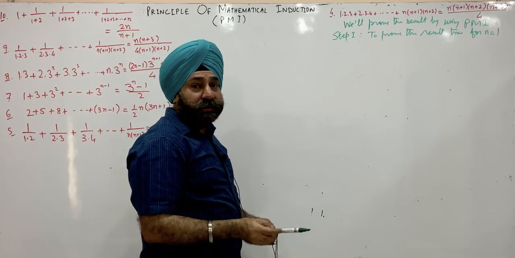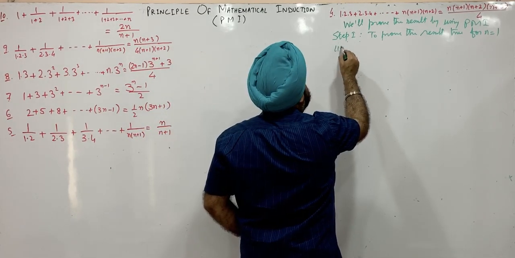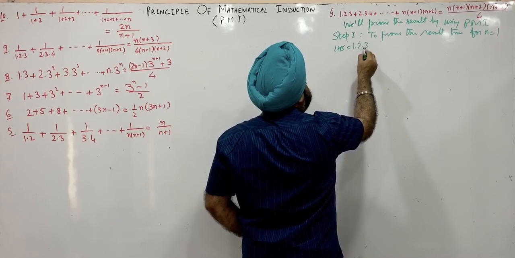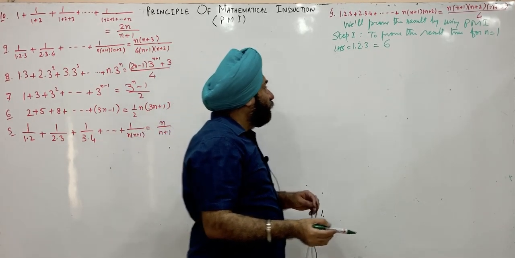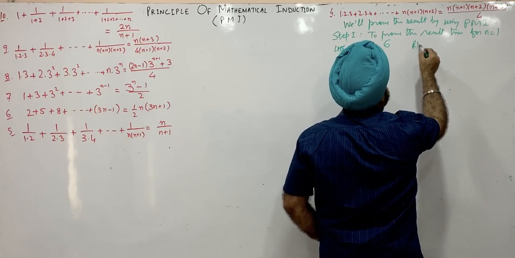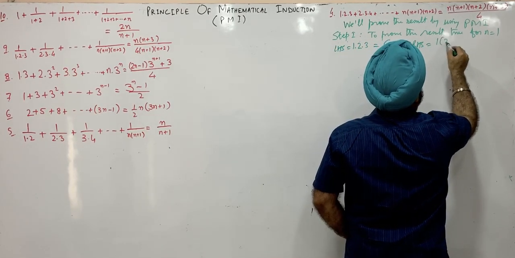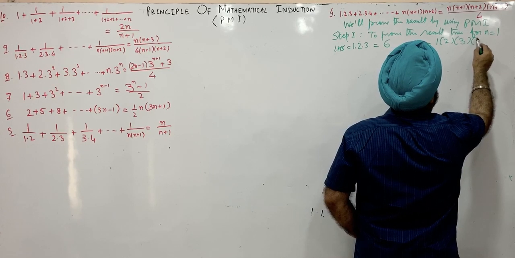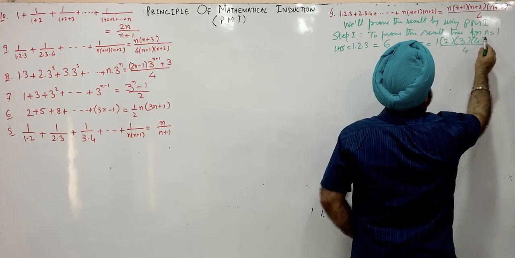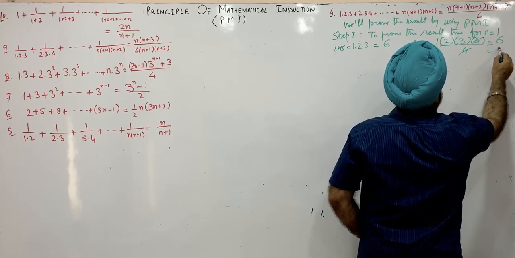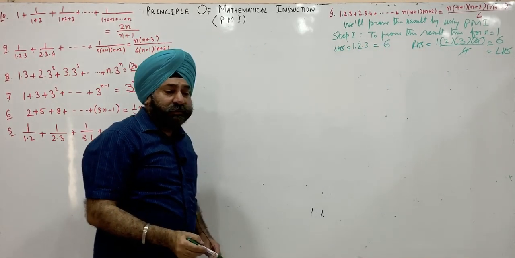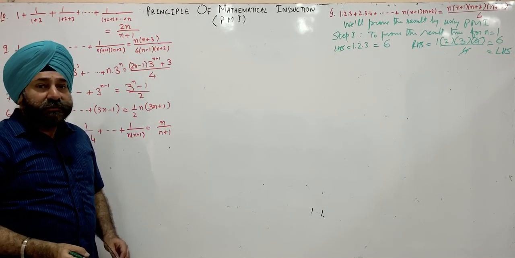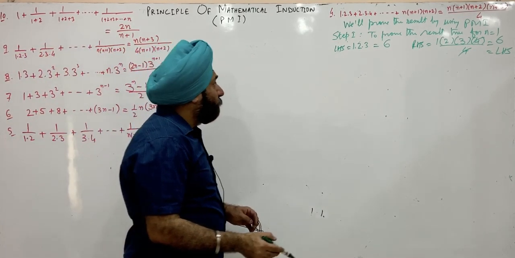So when n is 1, we take the first term only, that is left hand side is 1 into 2 into 3, that is 6, and in the right hand side we put n is equal to 1. 1 plus 1 is 2, 1 plus 2 is 3, this is 4 upon 4, this will cancel out. So this is 6, this is same as the left hand side. Left hand side is equal to right hand side, therefore the result is true for n is equal to 1.